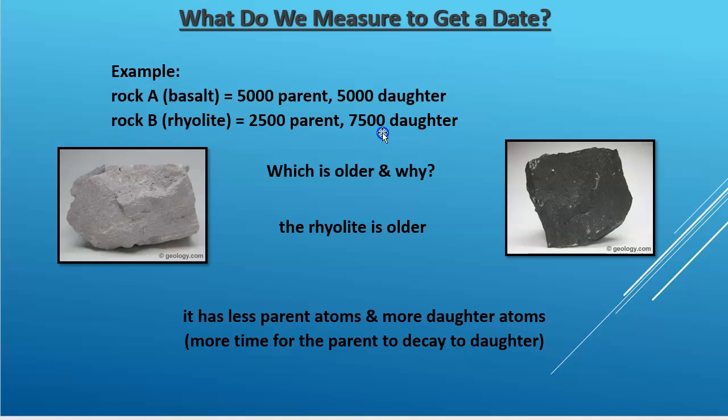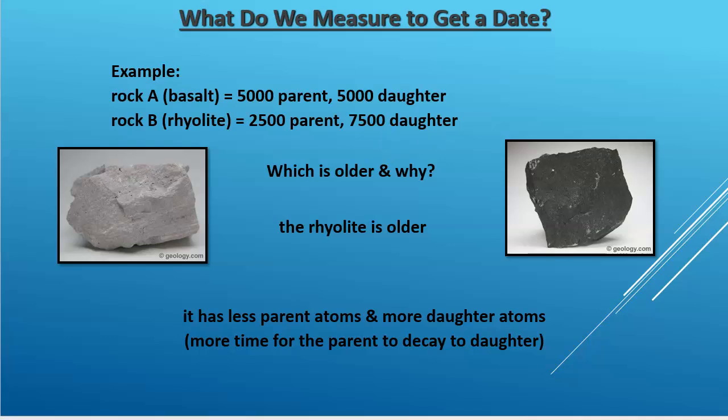Now we're going to assume that at the very beginning they had the exact same amount of atoms. You could tell me which is older, and that would be the rhyolite, because remember, the older the rock is, the less parent it has and the more daughter it has. Now this is of course a unique, weird setup where they started with the identical amount. So we would say that this rock B, the rhyolite, has been around longer because it's had more time for the parents to decay and to accumulate more daughter product, right?